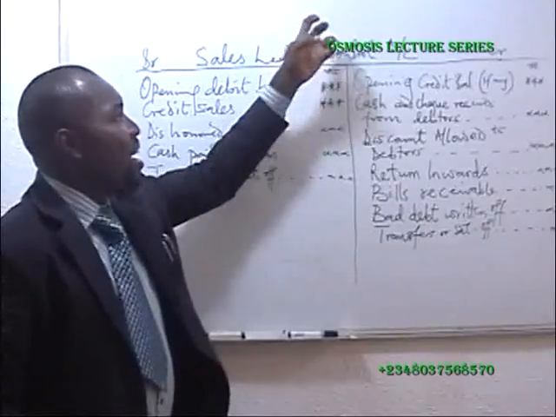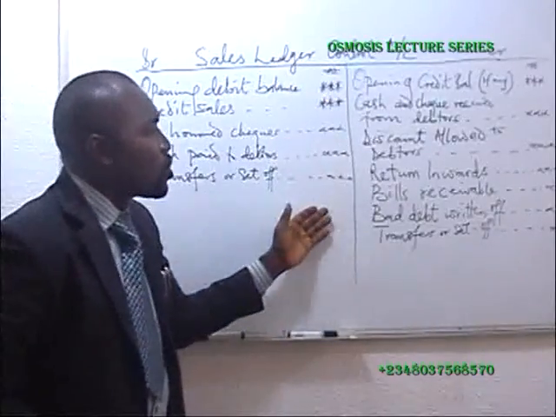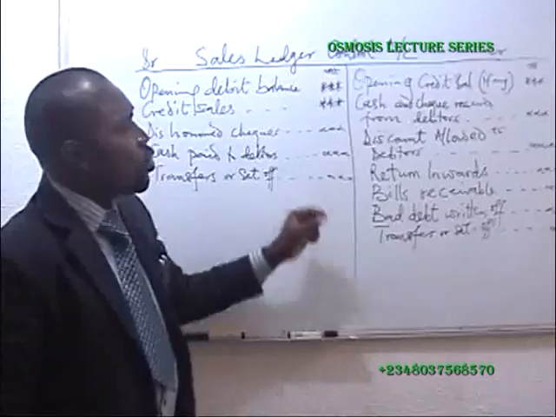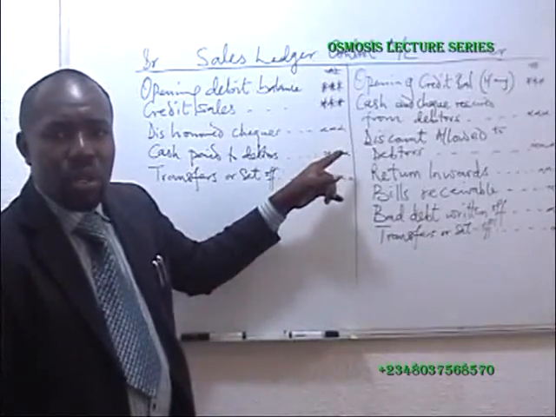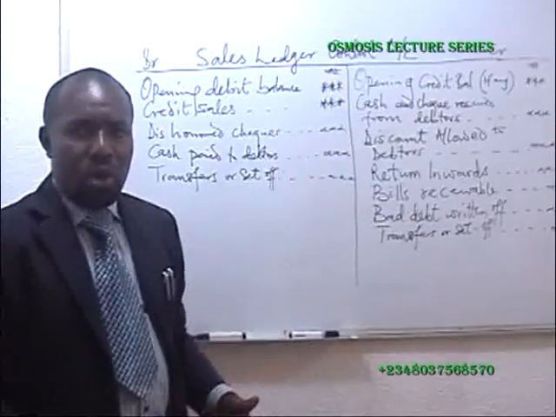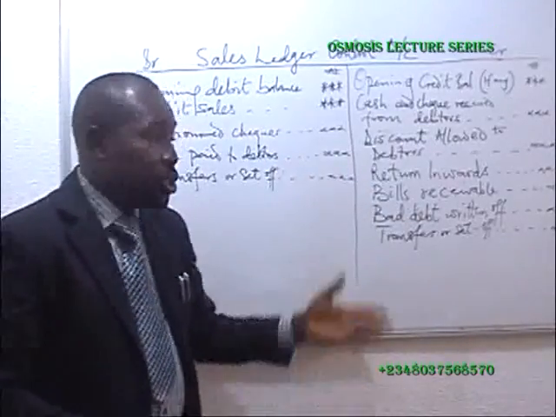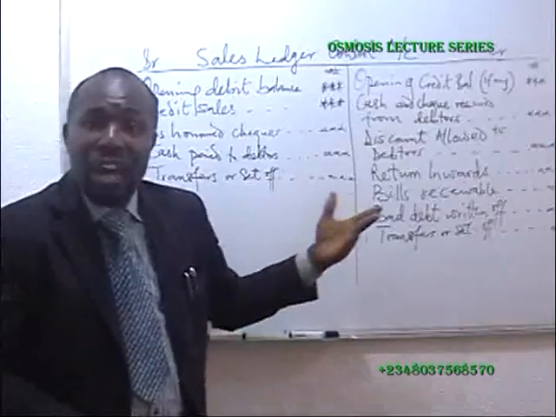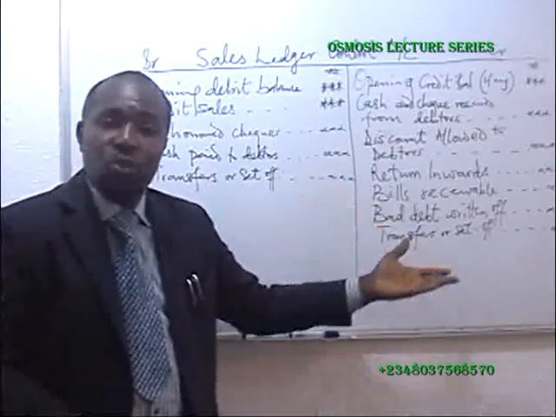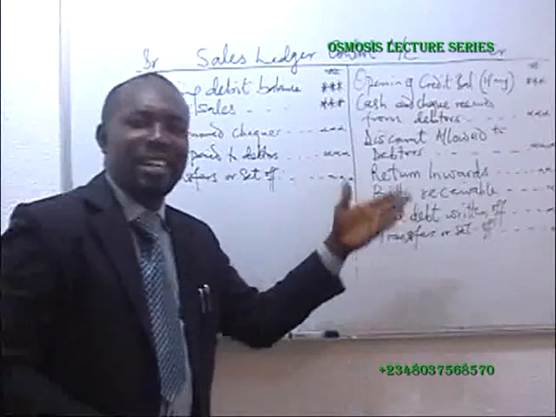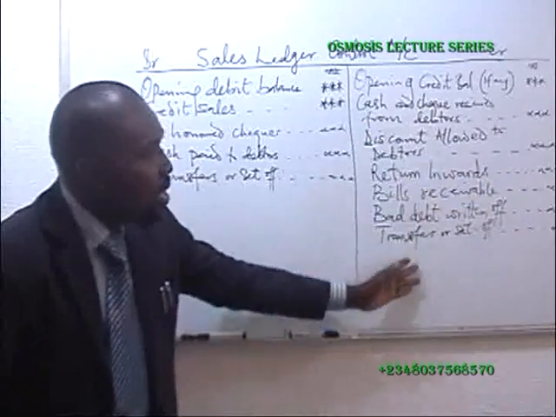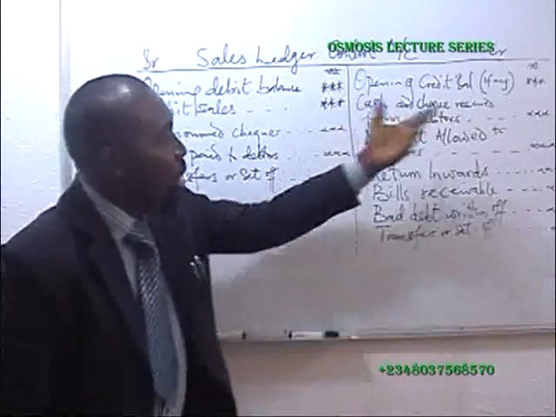This is the account of your debtor. In this account, your debtor is giving out, so you credit your debtor as the giver.